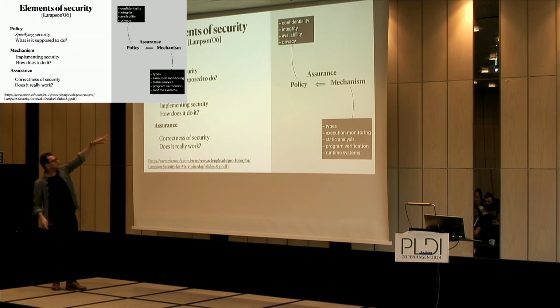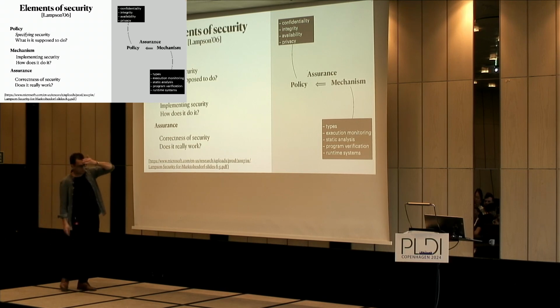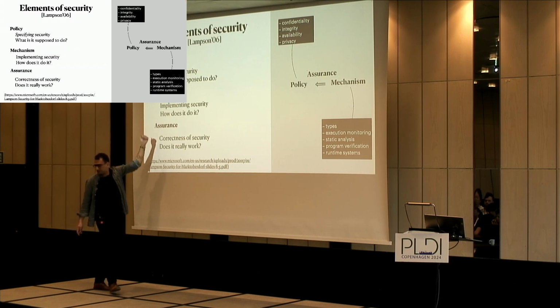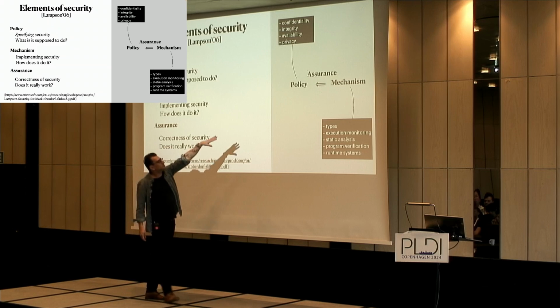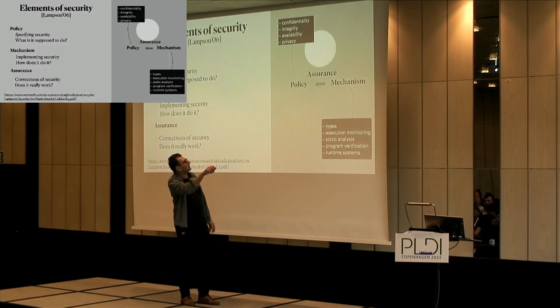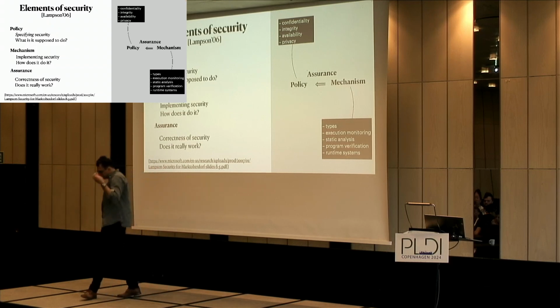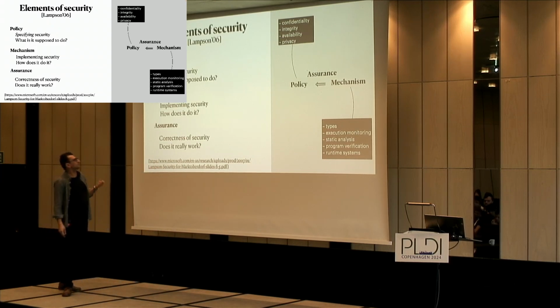It's about policies, mechanisms, and assurance. And if you're coming to this from a programming languages background, it's specification, implementation, and soundness, right? So these are the same things. I like to put them in this kind of a diagram. So you have a policy, and the policy is what is the meaning of security in the first place?